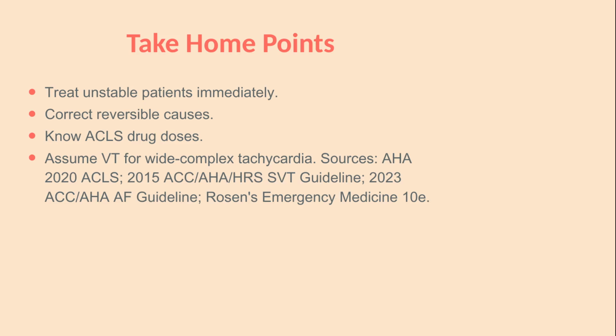Know your ACLS doses: atropine, adenosine, amiodarone, procainamide, magnesium, and epinephrine, because recall under pressure is a trained skill. And assume every wide complex tachycardia is ventricular tachycardia until proven otherwise. Master those 4 habits, and you will handle nearly every rhythm the department can throw at you.